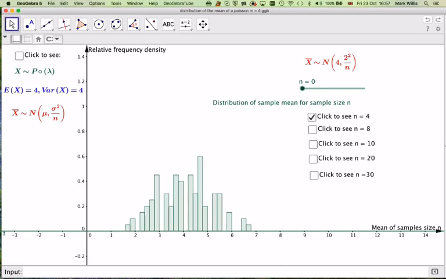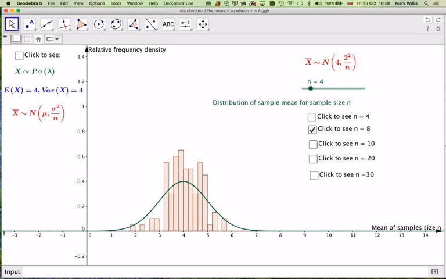If I now click, this is what happens when the sample size is 4. I'm taking 4 things out and finding the mean, and I did that 100 times. If I move this to 4, this is the normal distribution that goes with that. It's looking okay, but not really like a normal distribution.